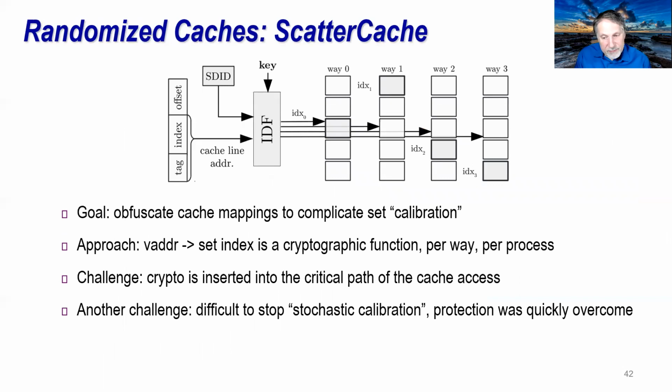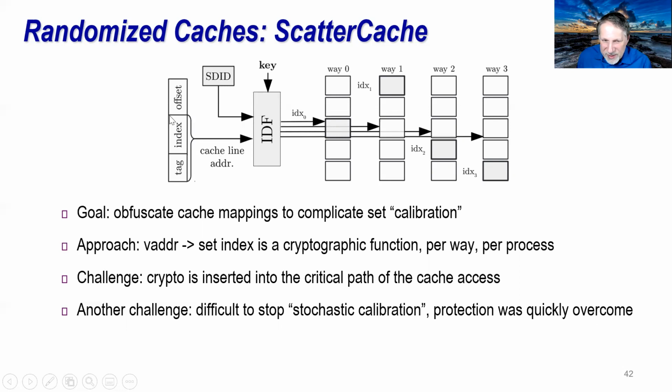In order to eliminate those side channels through caches, we're starting to see what are called randomized caches. These are really interesting technologies where you remember your traditional cache design, you've got a tag, an index into the cache, and then an offset into a block. You use the tag to figure out which way you match in, use the index to figure out which set to access, and use the offset to figure out which byte in the block you're accessing.